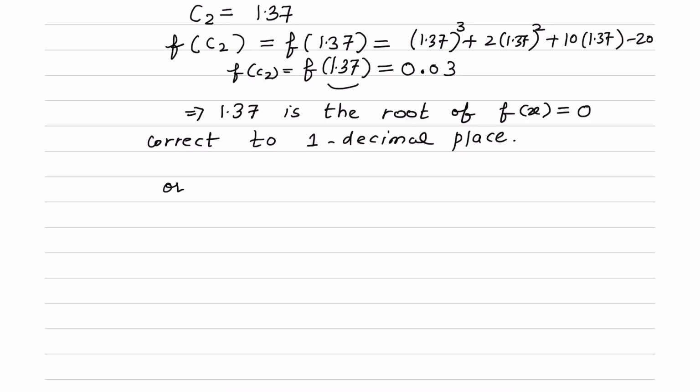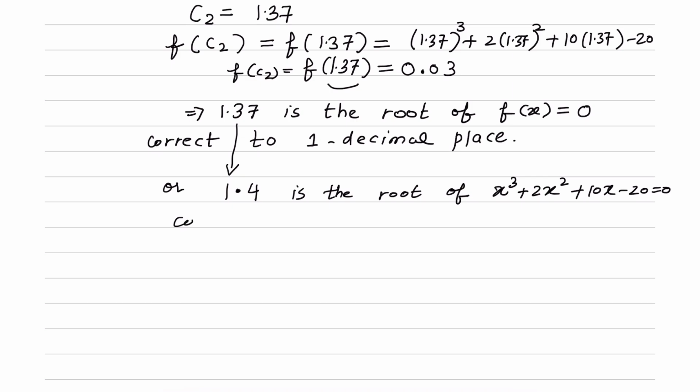We can say that here this number, we can round it up and can say that 1.4 is the root of the equation x cube plus 2x square plus 10x minus 20 equal to 0, correct to 1 decimal place.